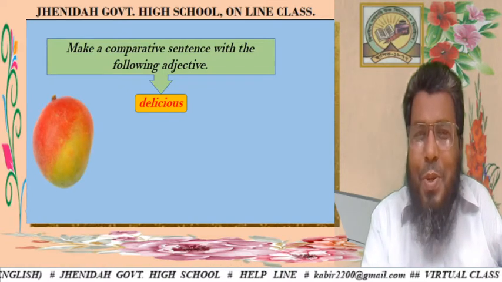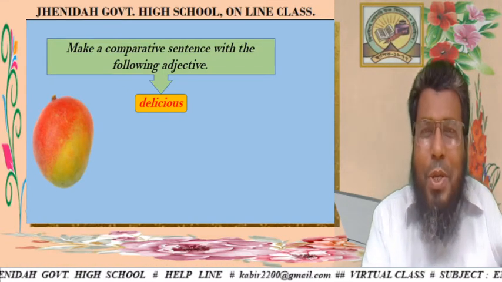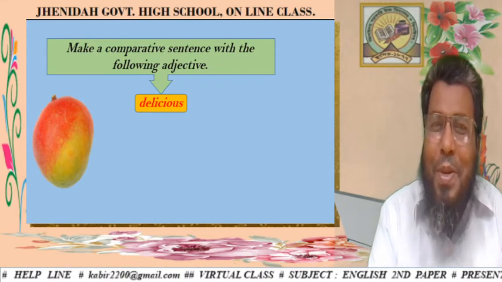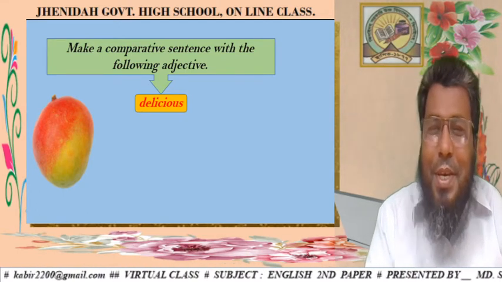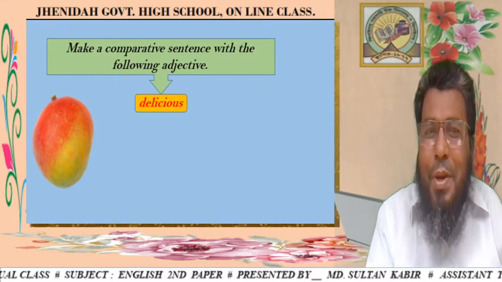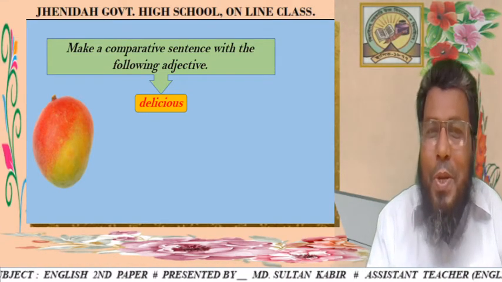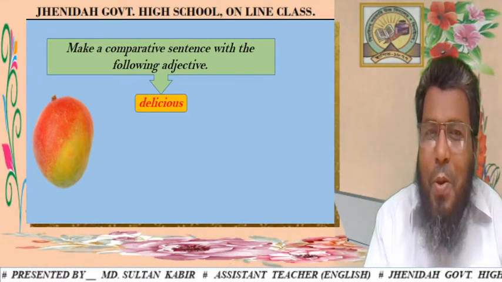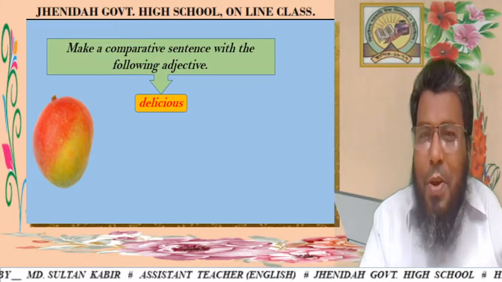Delicious. The meaning of delicious in Bengali is sushad. Okay, the image is very familiar, very well known to us. This is a mango, and the taste of mango is very delicious. We like this food, and it is called the king of fruits in our country.